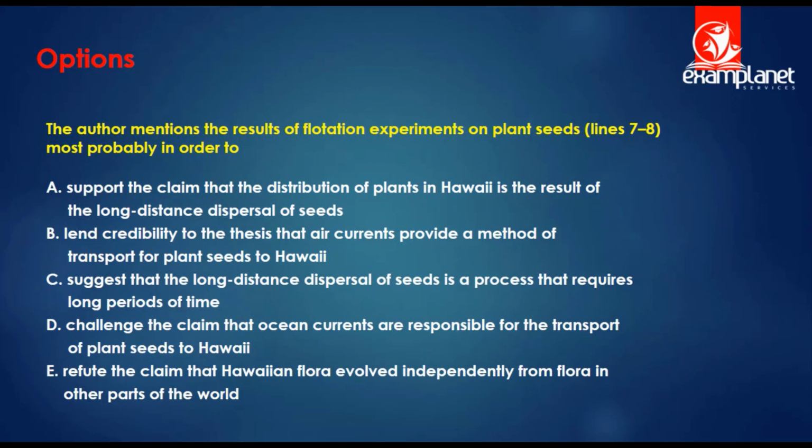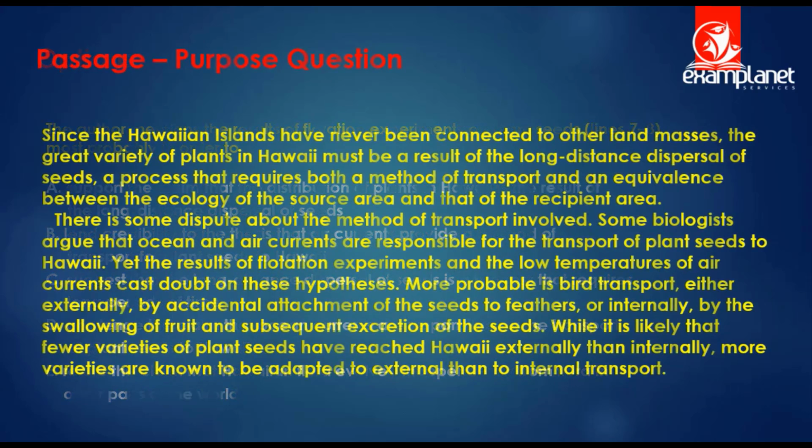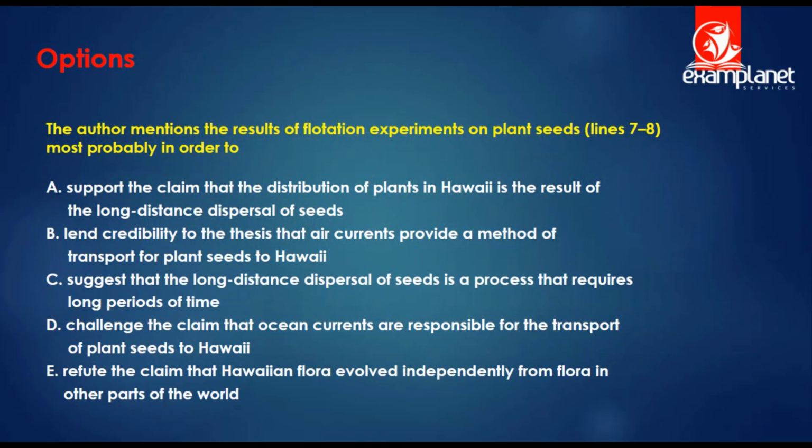Alright, so you can see the question on your screen. The question says, the author mentions the result of flotation experiments on plant seed, most probably in order to do what? So you look at the passage now. You agree with me that flotation experiments are mentioned in the passage in order to show that some evidence negates doubts on the claim that ocean currents were the means by which seeds were transported.